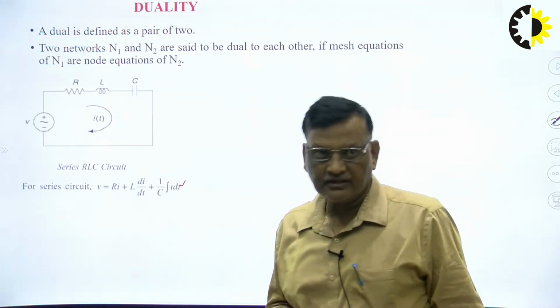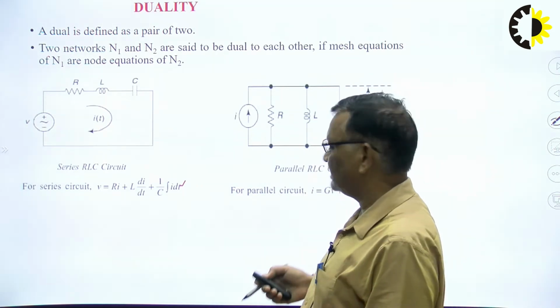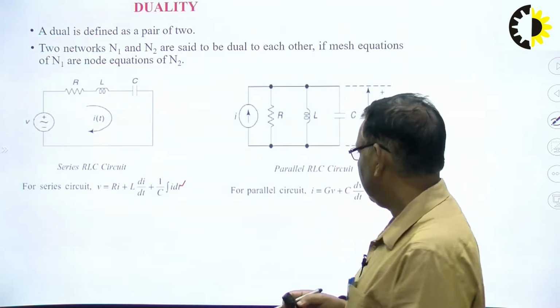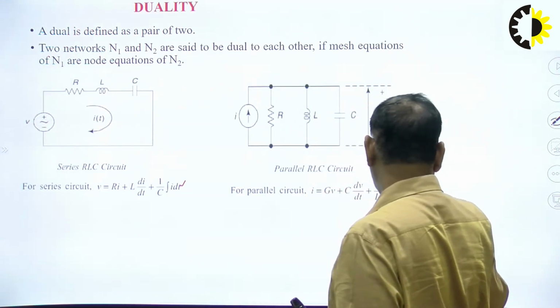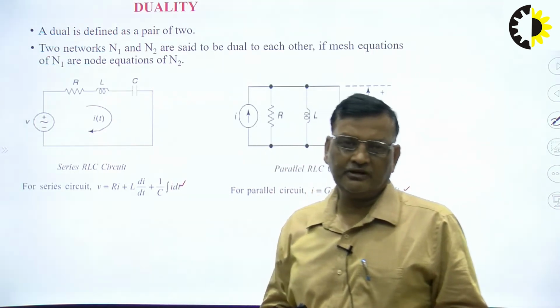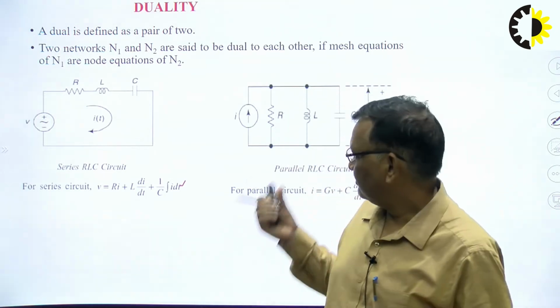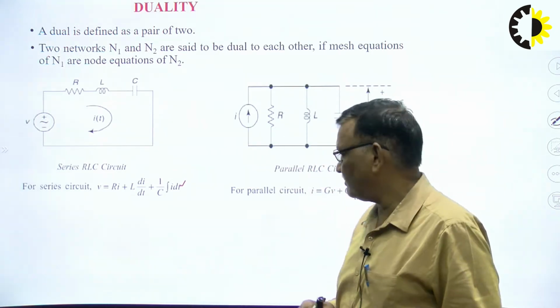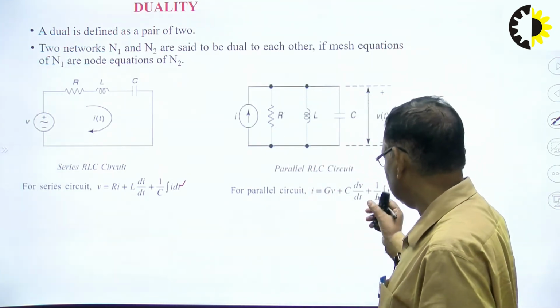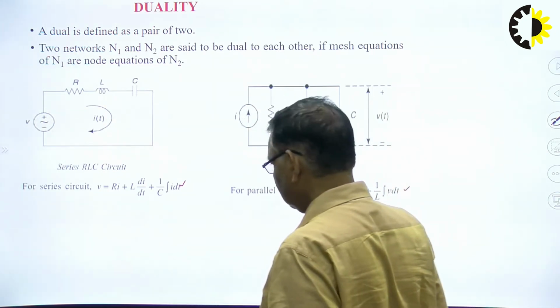Then there is another network where R, L and C are connected in parallel, and we have written these equations. So for the series RLC network, we have applied the Kirchhoff's voltage law and written the equations. For the parallel RLC circuit, we apply the Kirchhoff's current law and write the equations. So look at these two equations.